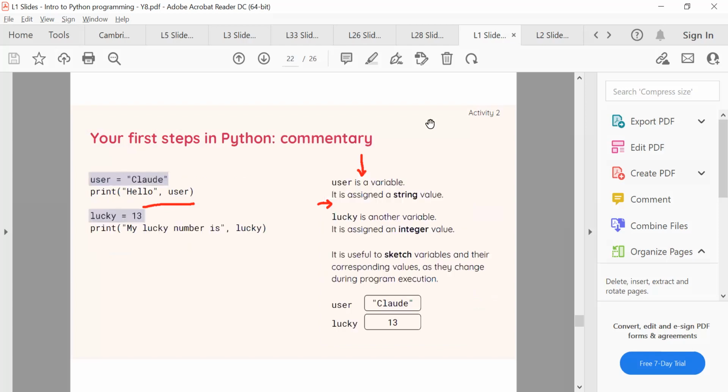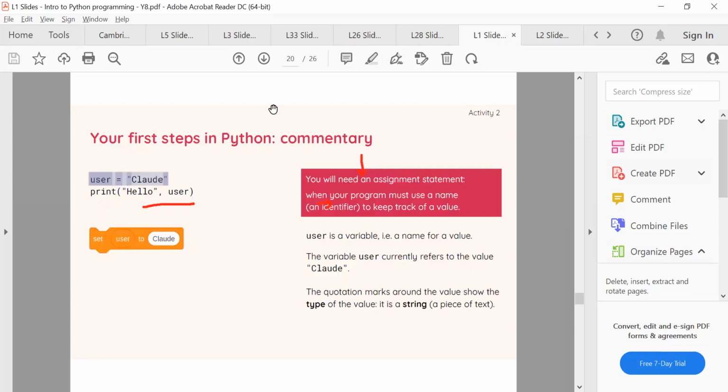Okay, I want you to have a look here. This is 2 lines of code.